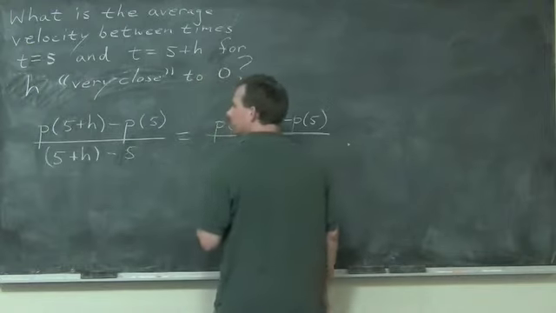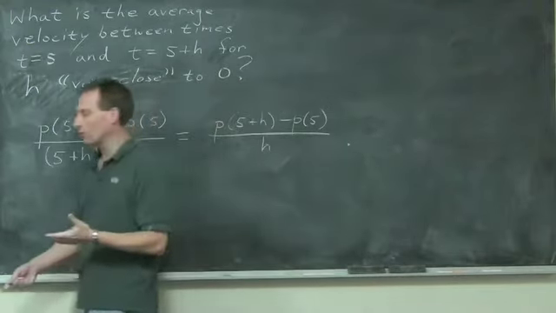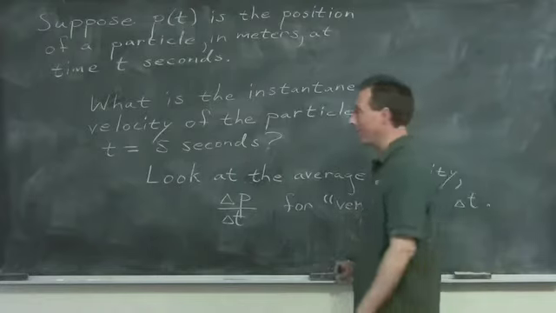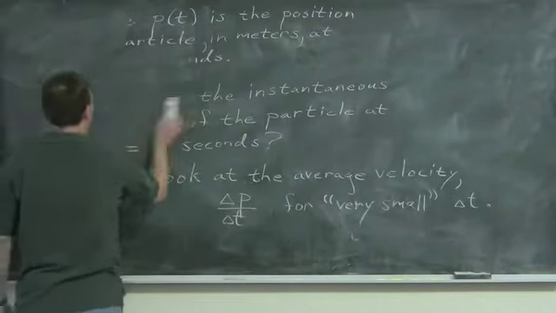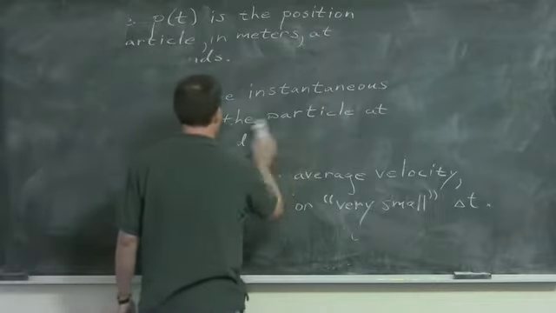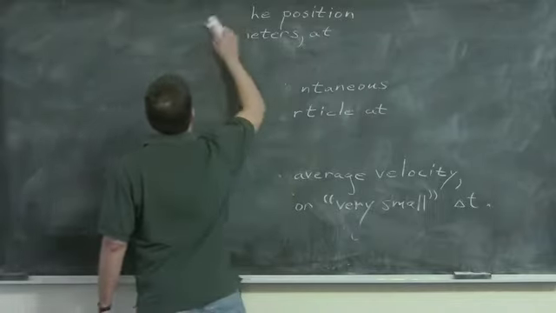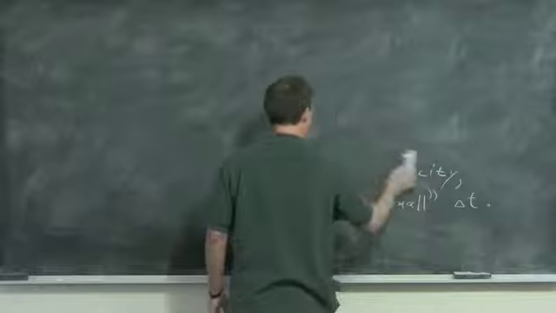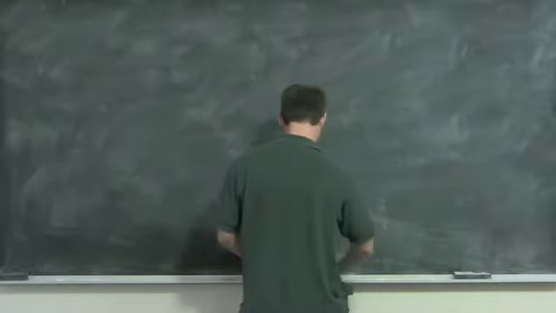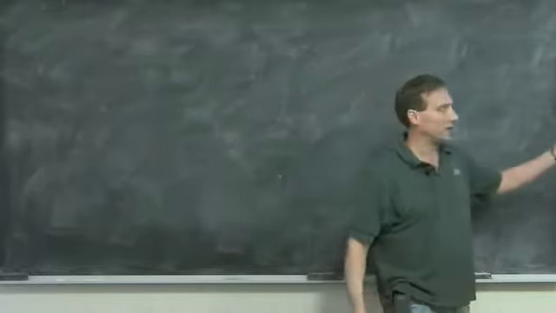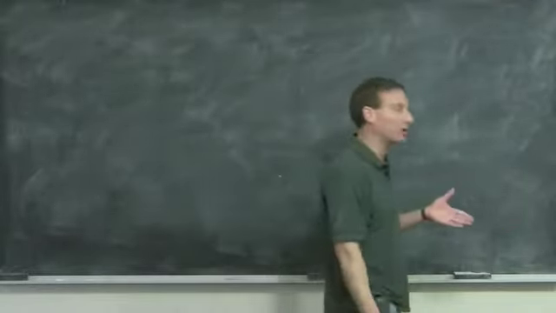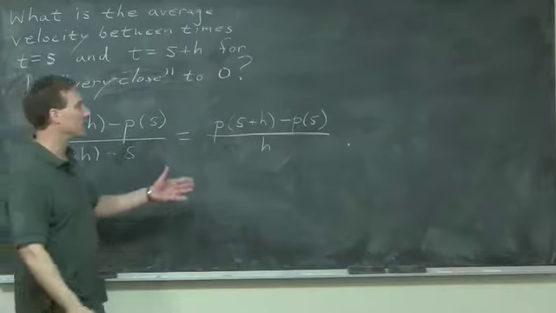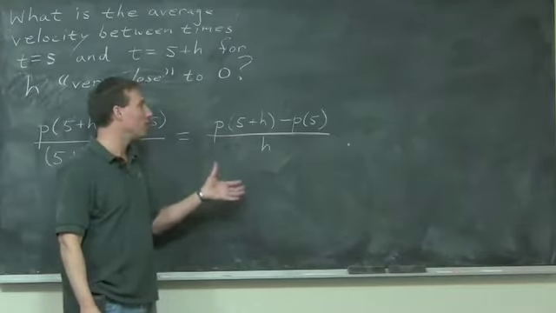So I want to make a definition that isn't really a definition, and it won't be a definition until we get to the next section, where we'll actually talk about limits very carefully. But right now, we have this function of h, and we'd like to know if that gets closer and closer to something as h gets closer and closer to 0.